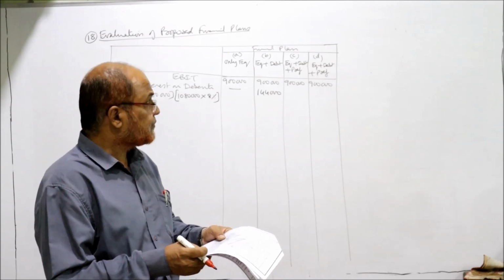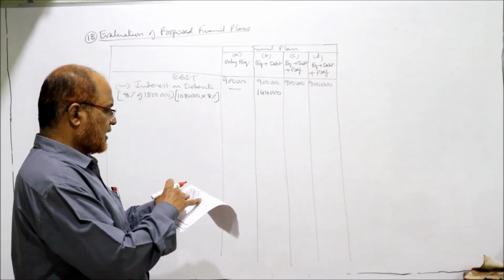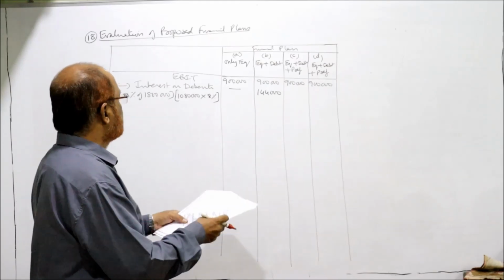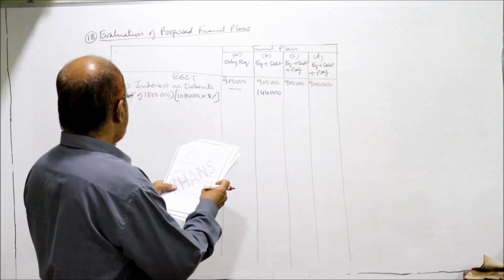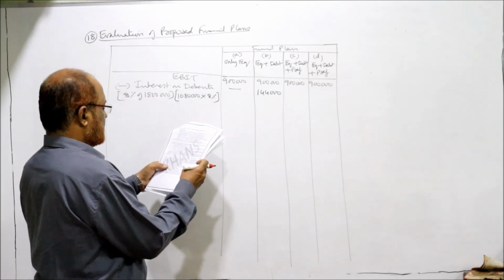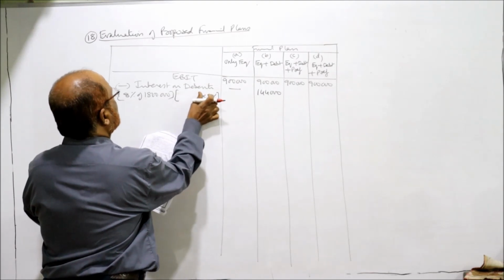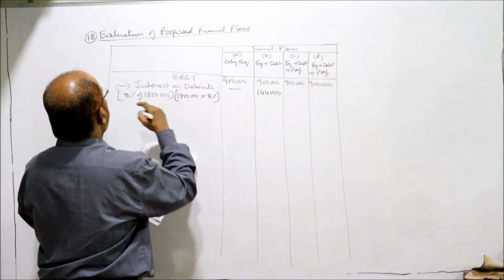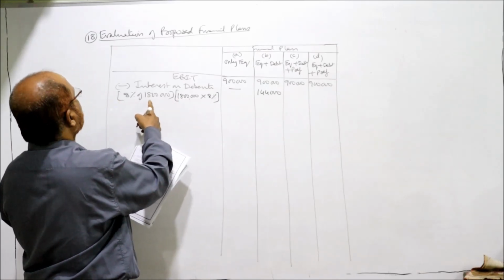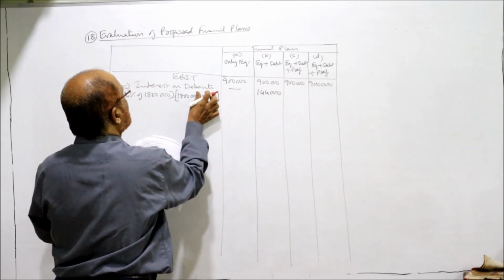Second plan, 50% required amount as equity and the remaining as debt at 8% per annum. Sorry, I've taken the third point. Here we should take 18 lakh at 8%. Third plan only.